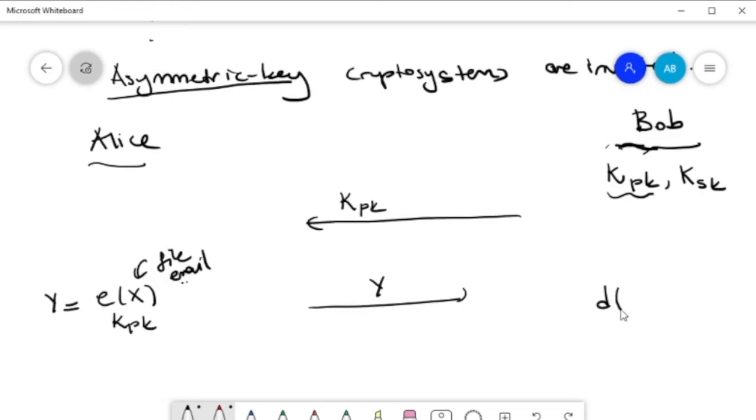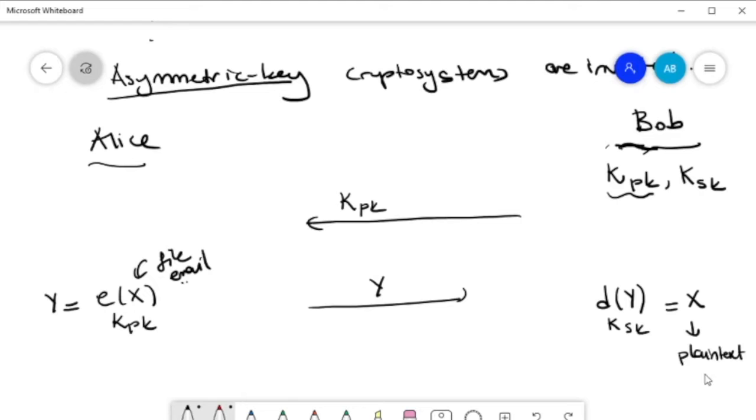And Bob can decrypt it with his secret key or private key. The notations can be confusing. Maybe I can make it SK. He obtains the plaintext.